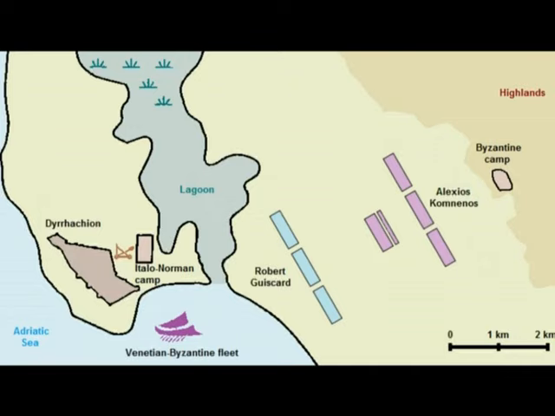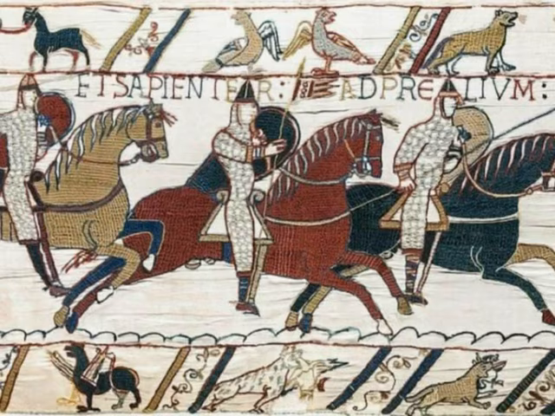Now, going back to the strategical situation, there was a general problem because the terrain was pretty favorable to the Byzantines. As you have seen from the map, the Norman camp was situated at the end of the aforementioned peninsula, in front of where Dyrrhachion stood.